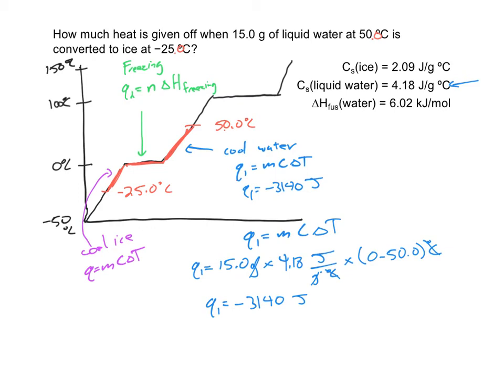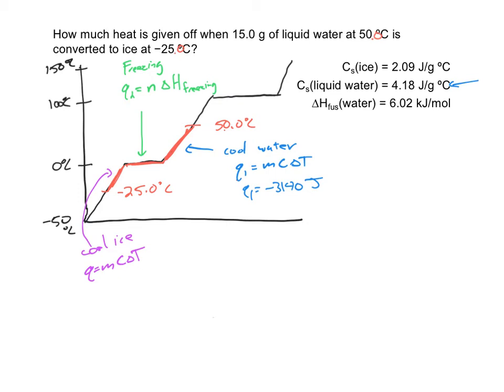All right, let's attack Q2. So I'm going to erase this work for Q1 to give us some space to work on. All right, for Q2, I need the moles of water, and I need to multiply that by the enthalpy of freezing.